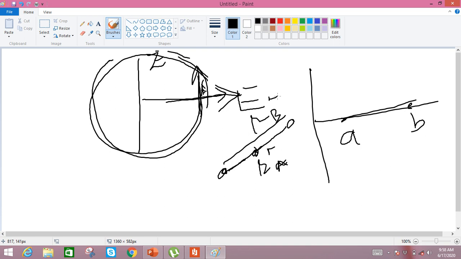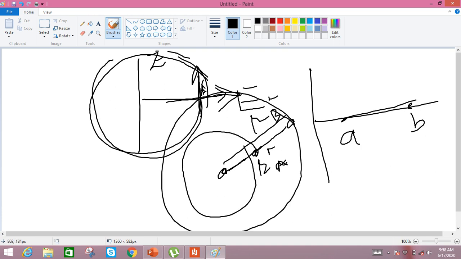We have a point charge, one circle and another circle. The radius of the first circle is RA and the radius of the outer circle is RB, and we have to calculate the potential difference between these 2 points.